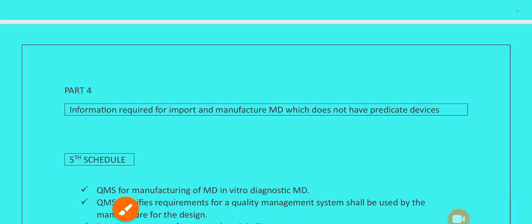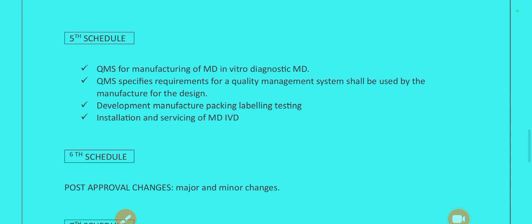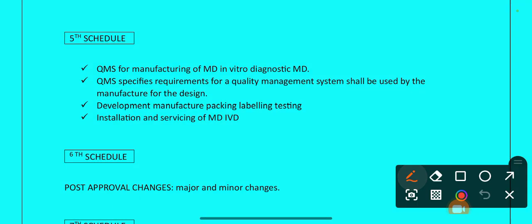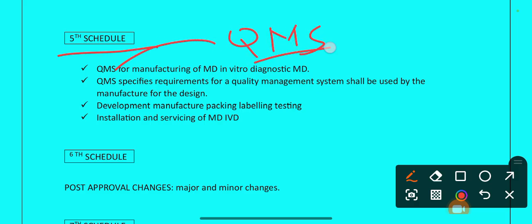Okay, next one, the fifth schedule. It is mainly important for the QMS. What is the standard for QMS?